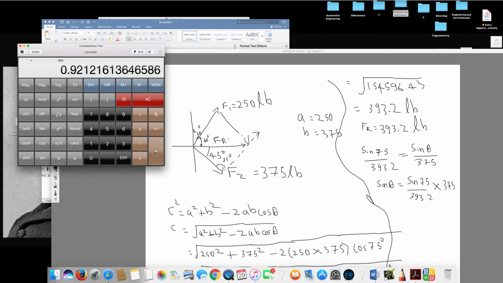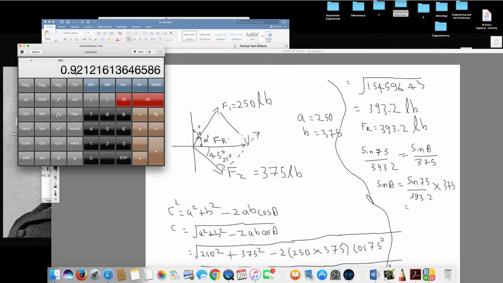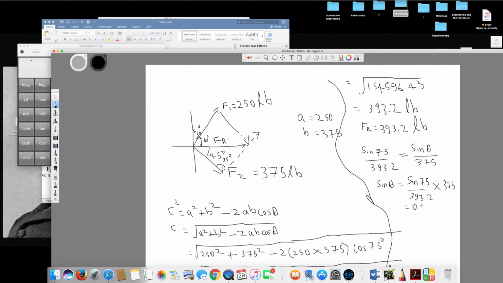That gives 0.9212. So now what I have to do is write this number, register this 0.9212. I have to find the inverse to find the angle. Theta is going to be sine inverse 0.9212.